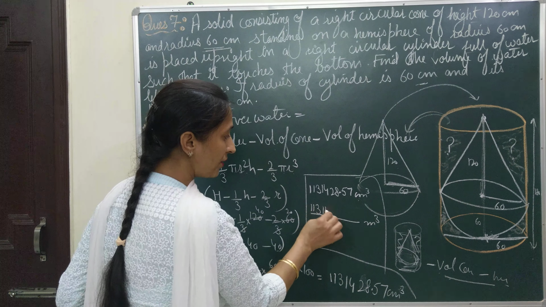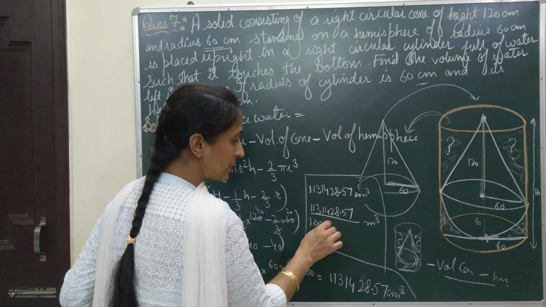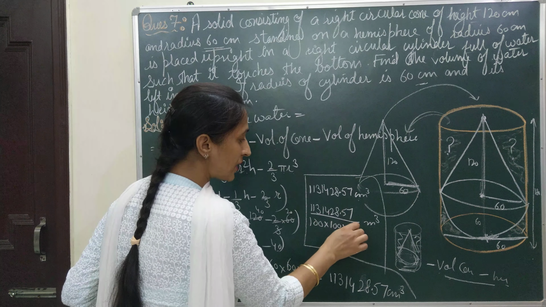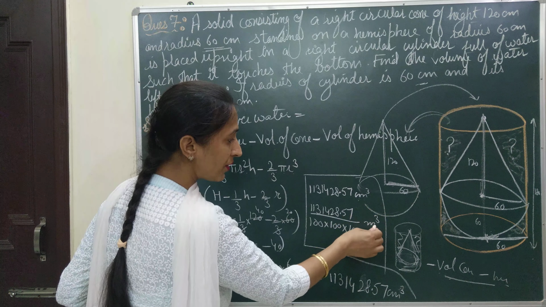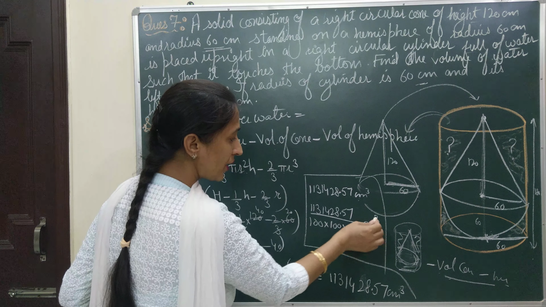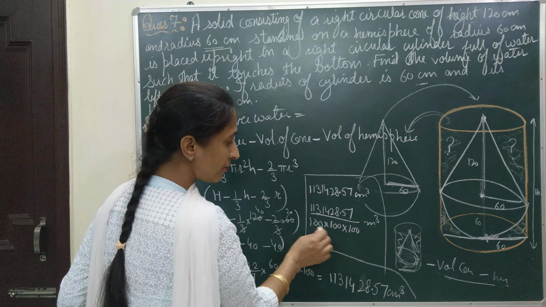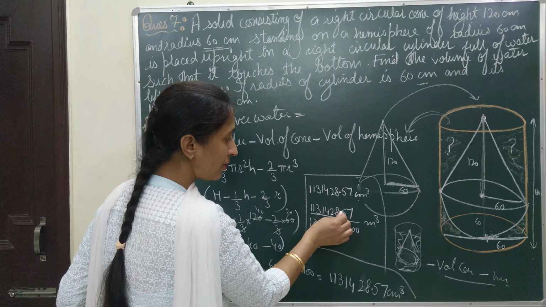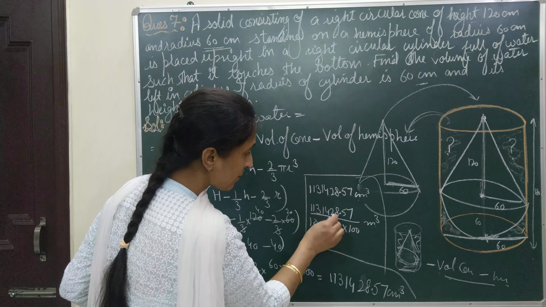So I will write 100 three times, because centimeter is going to change 3 times. So I have written 100 three times. Now this decimal will shift 6 digits back.